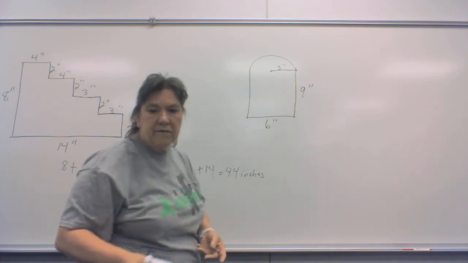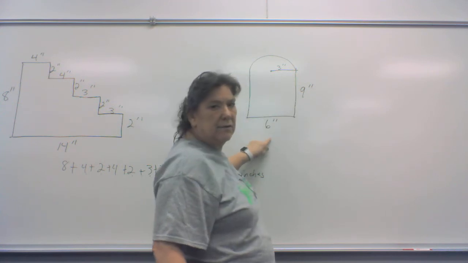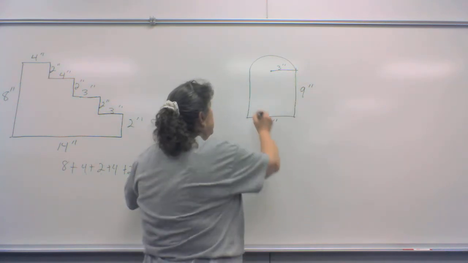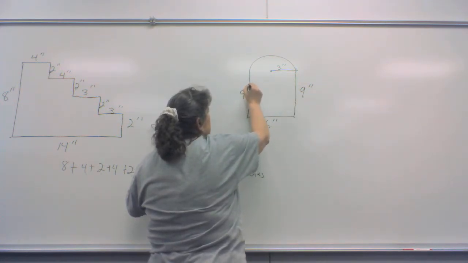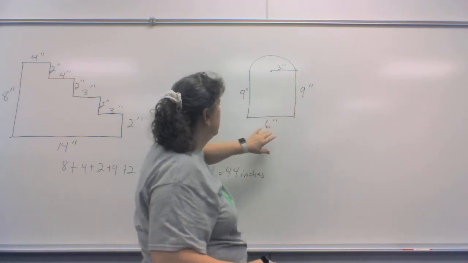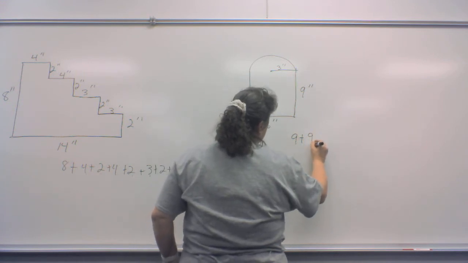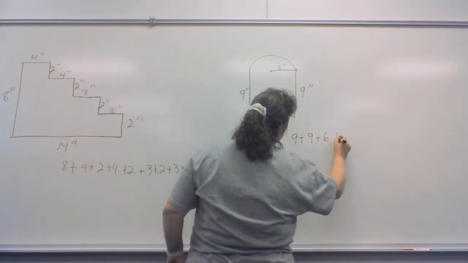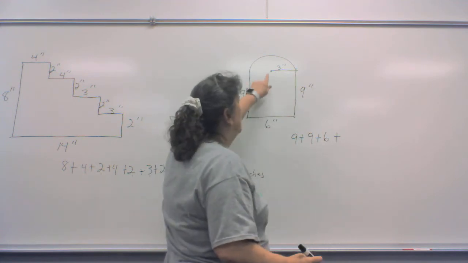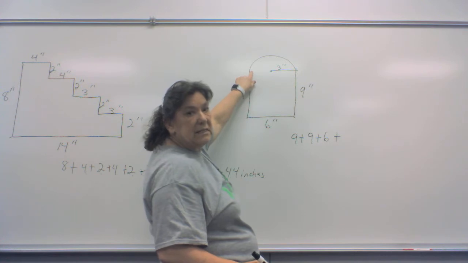So what we have here is half a circle with a rectangle, okay? So my rectangle, if I want to label each one of the sides, I have 9 and 9 and 6. So for the rectangle part, I've got 9 plus 9 plus 6 plus, this is 3 inches, but the diameter would be 6 inches.